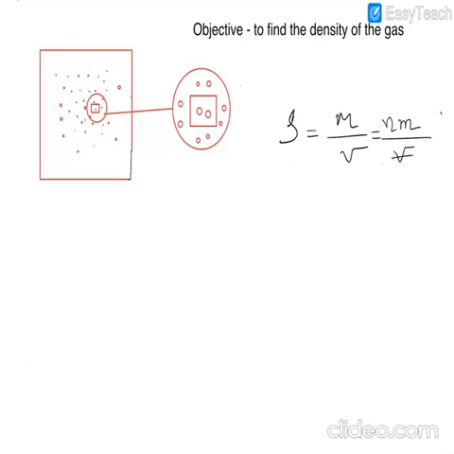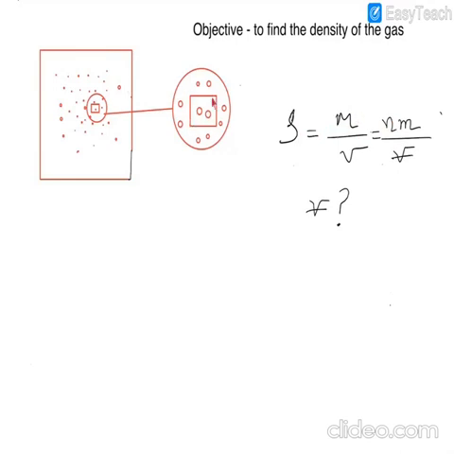Now the question is, what would be that volume? You know that there is a container in which there are gas molecules. You zoom in on some portion of it, and now you're interested to find out the density, and for that you select a small domain. The density is defined as m by v, that is the number of molecules in this times the mass of each molecule, which gives you the total mass, divided by the volume which is encompassing the molecules.